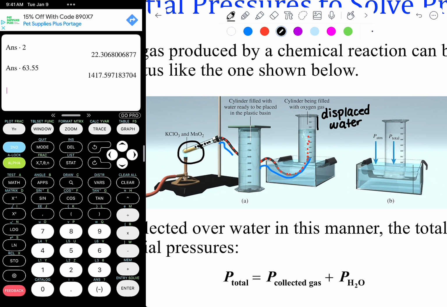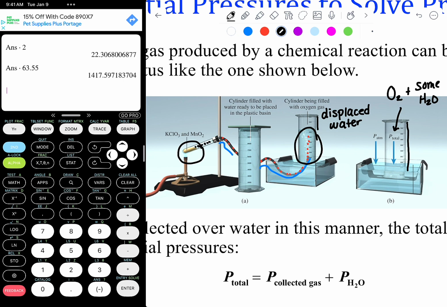Once the reaction is complete, we can measure the volume of gas in that graduated cylinder and say that that is the volume of gas that was created from that reaction. The issue here is that these bubbles right here are going through water. And as they go through water, they actually take on a little bit of water. So the gas that's in here is actually mainly oxygen gas and some water vapor.